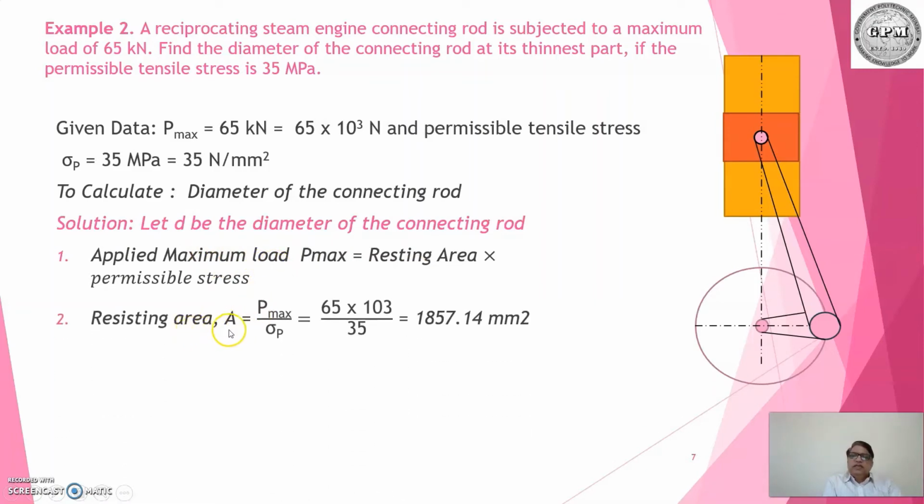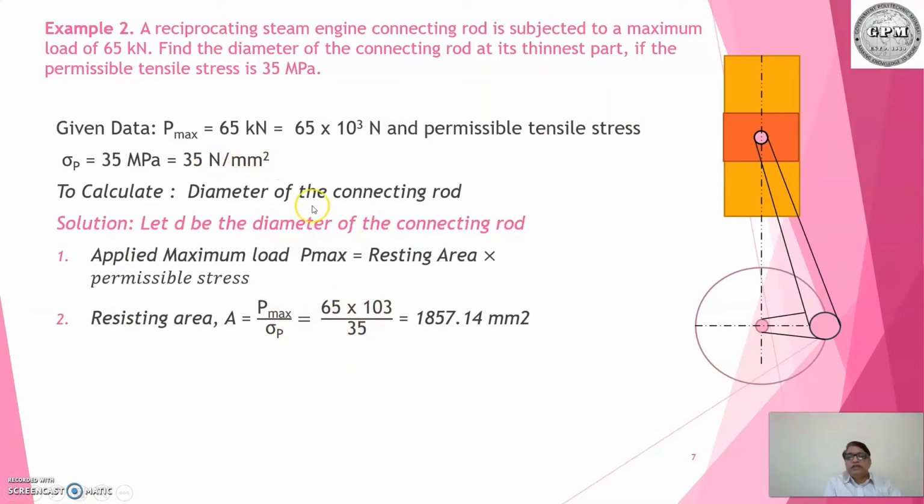So hence the resisting area A is equal to P maximum by sigma P. That is load divided by sigma P, which is given.